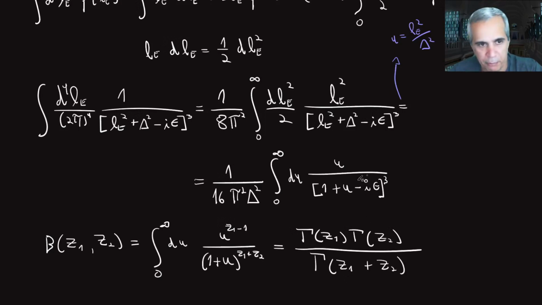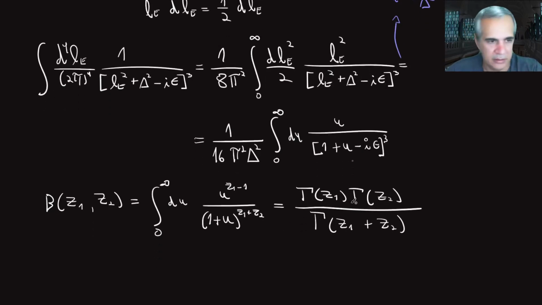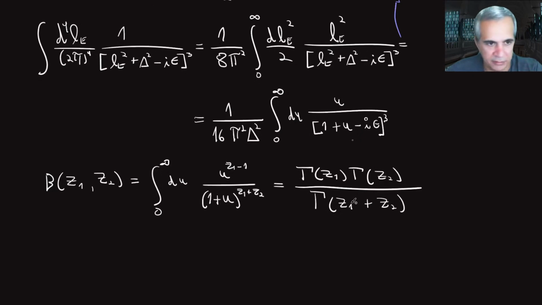In fact, the plus i epsilon here forces me to do an order change, or just take epsilon to 0 and then come back with the epsilon later. In any case, I can rewrite this integral in a very convenient way.